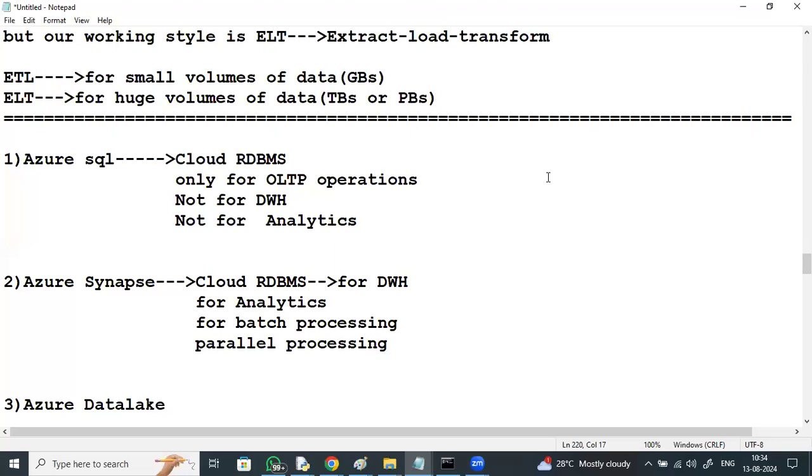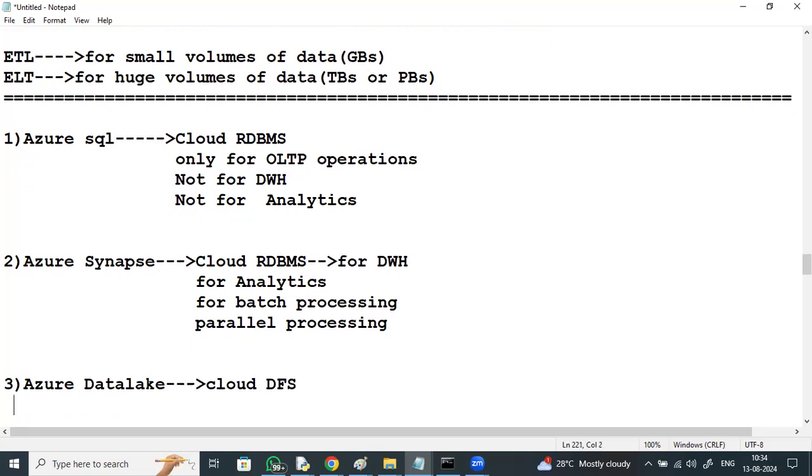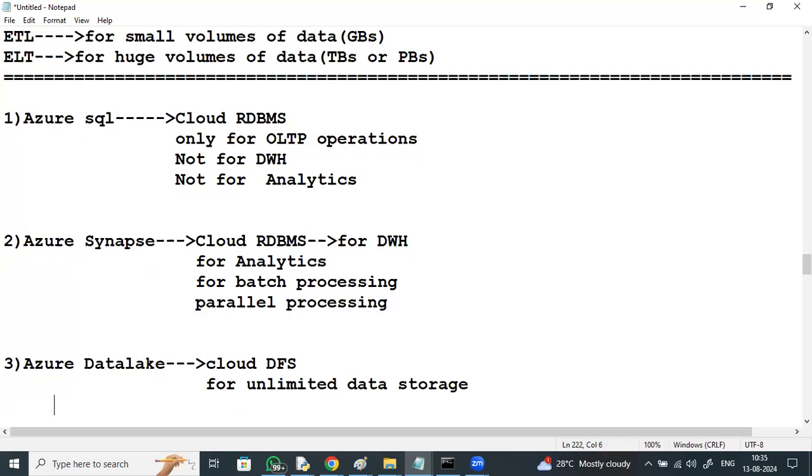Azure Data Lake is a cloud distributed file system for unlimited data storage, with parallel processing.